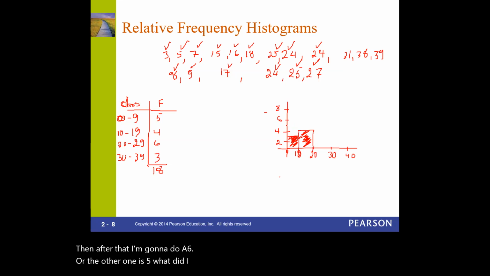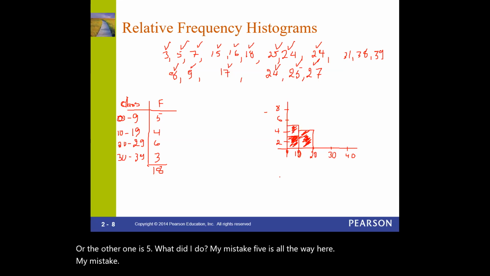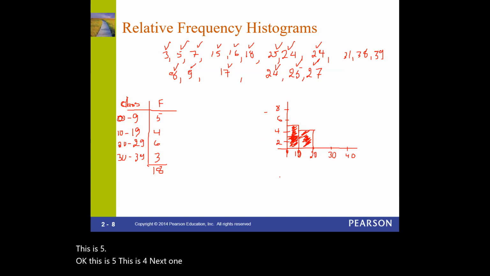My mistake. 5 is all the way here. This is 5, this is 4. The next one is 6, right here. Then after that, you have 3. So 3 is right here. This is what you call the frequency table, the frequency distribution.